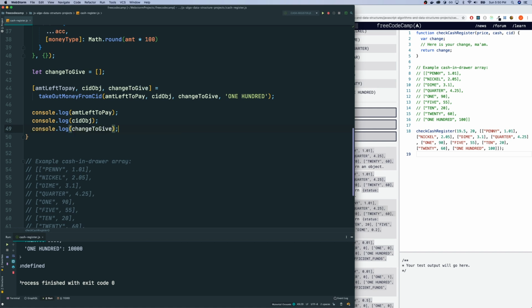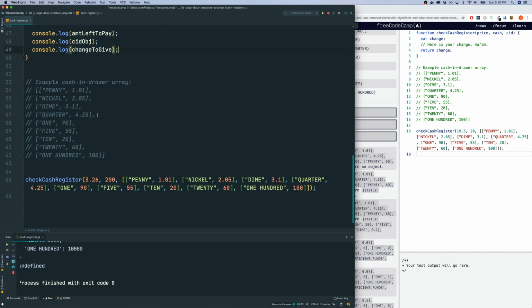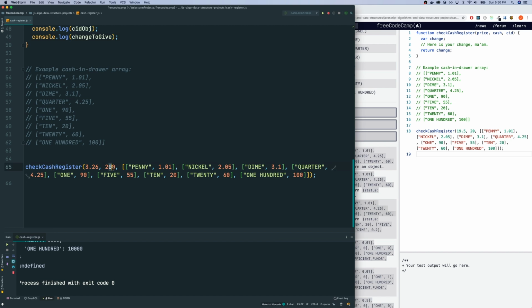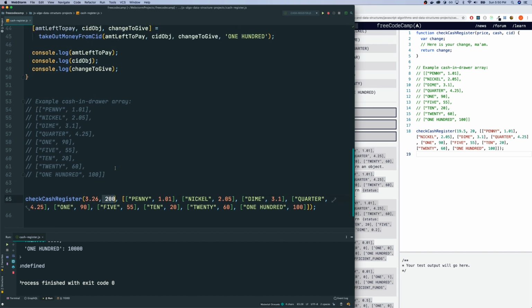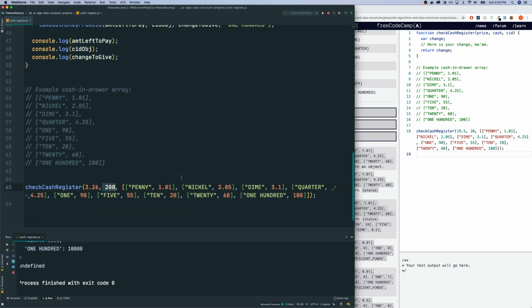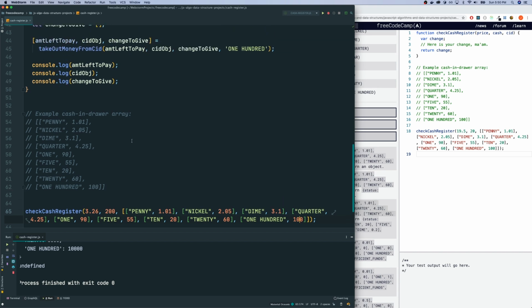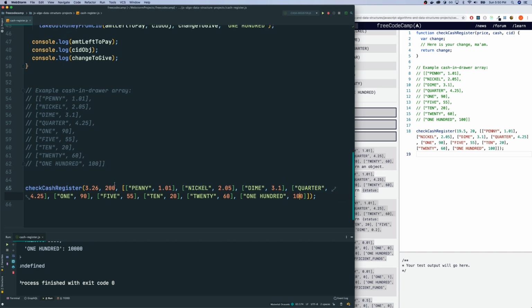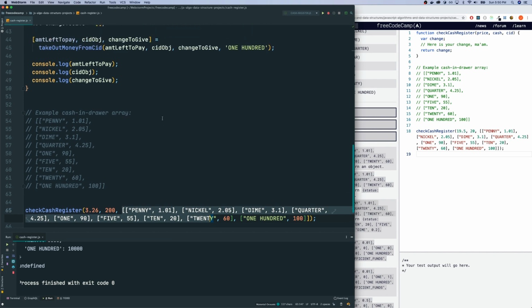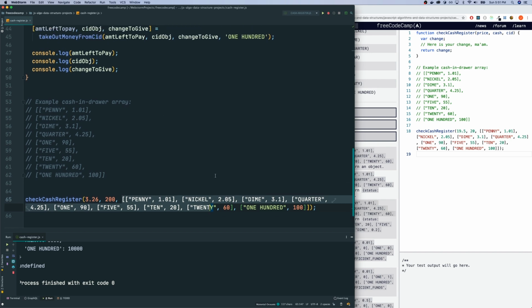So if everything went to plan, amount left to pay should be what? What did I say? Like 196 point something, because we just took out 100 from the 200. CID object should be all of this except with the 100 as 0 here, and change to give, although it's actually going to be an object, not an array of arrays like this because we converted it. And change to give should be an array with just this inside.